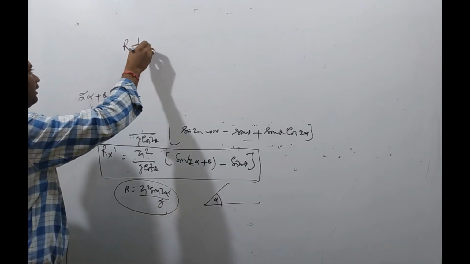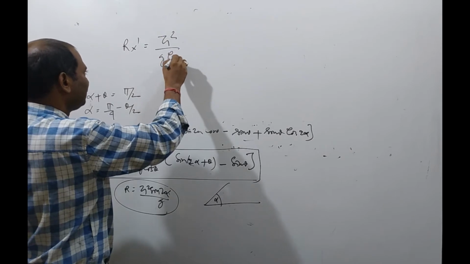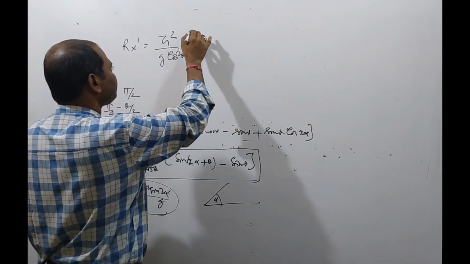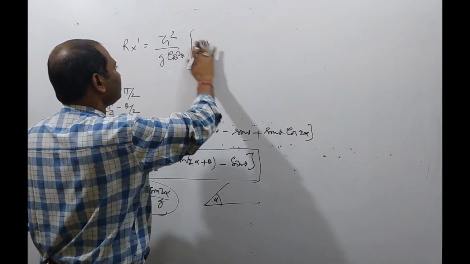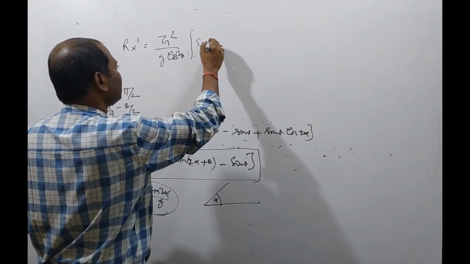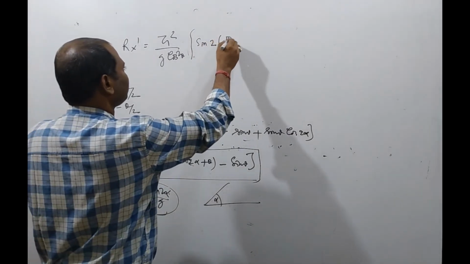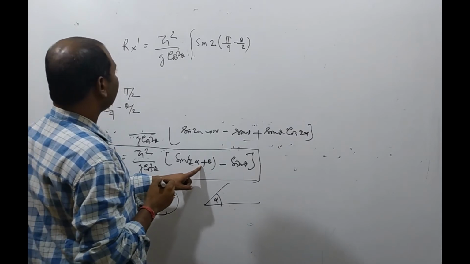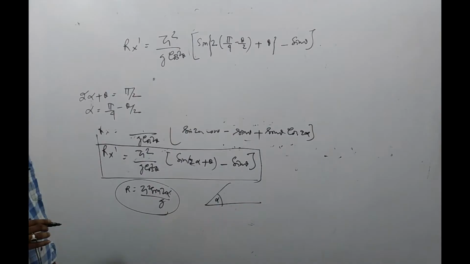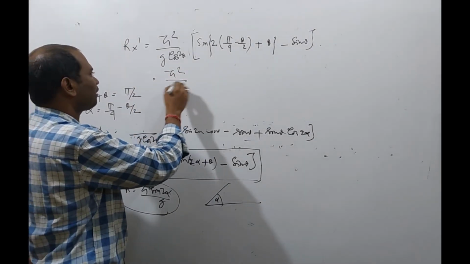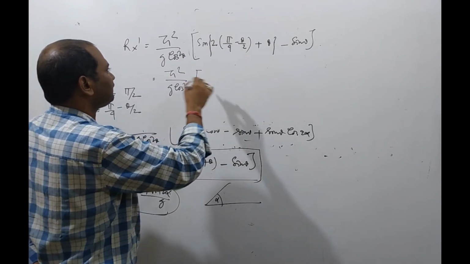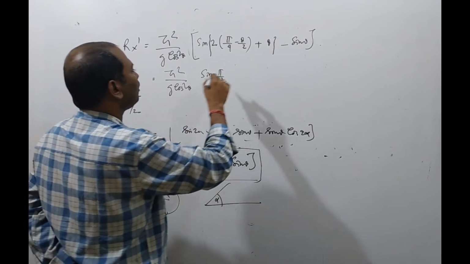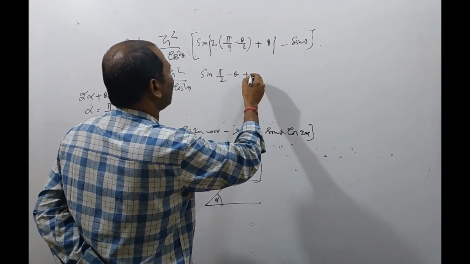Then putting this value in this equation, that is u square by g cos square theta into sin of 2 alpha plus theta, with alpha equal to pi by 4 minus theta by 2, that equals u square by g cos square theta into sin of pi by 2 minus theta plus theta.